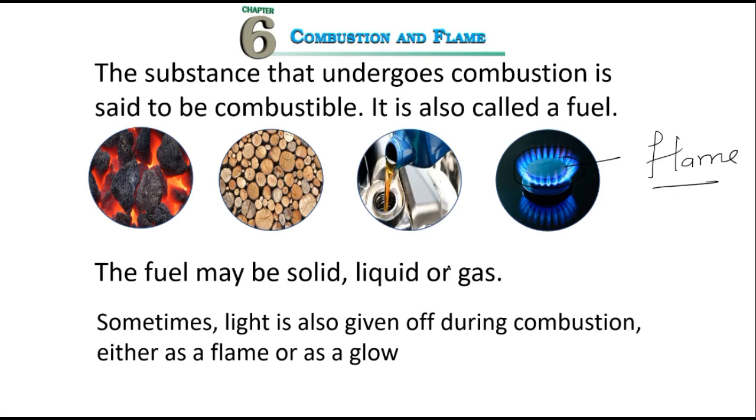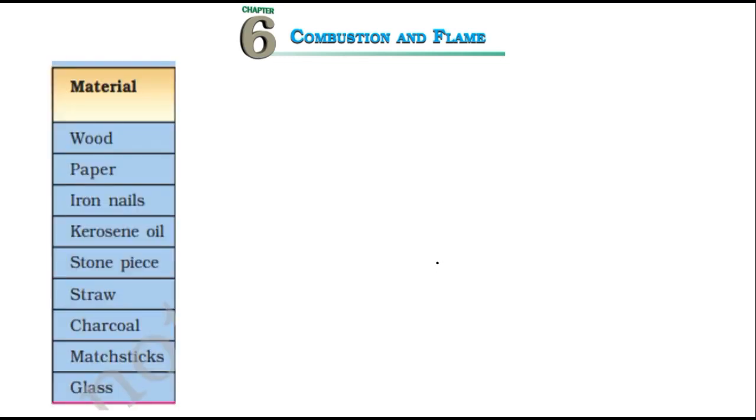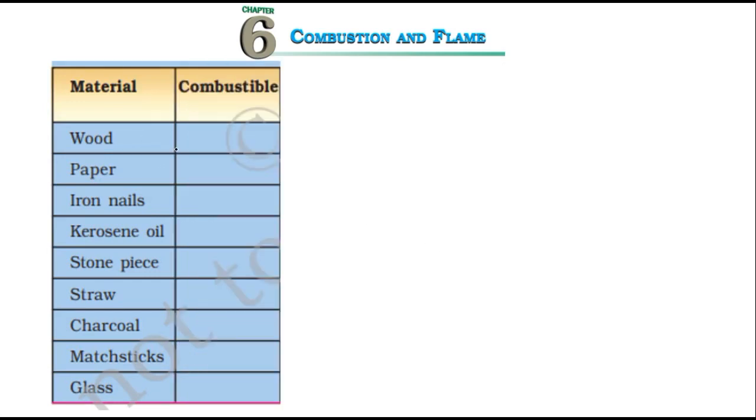Now there are some materials which we will take up here. They are right in front of your screen, and then we can divide these substances into combustible, and the rest of all those are non-combustible. We all know that wood burns, we can put fire to the wood, and that's why it is combustible.